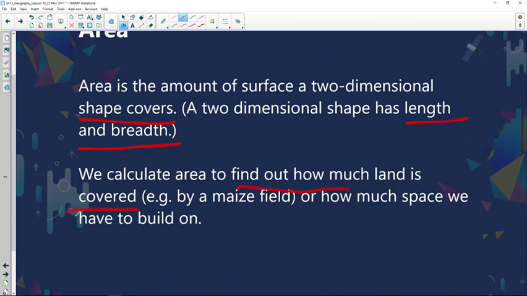It can be for crop farming, cultivated land such as maize farming, or to see what's been built on.